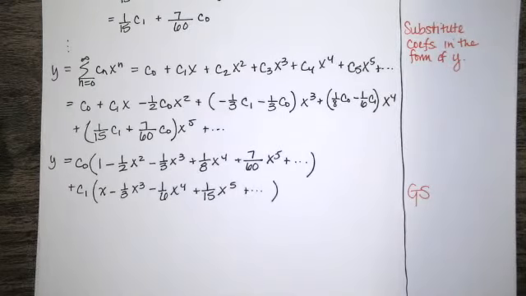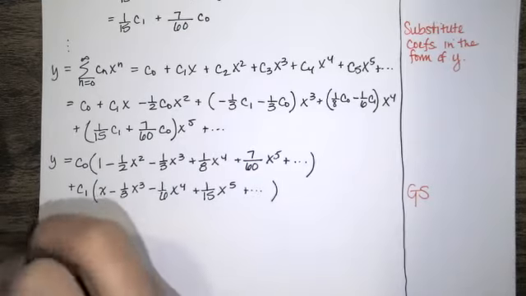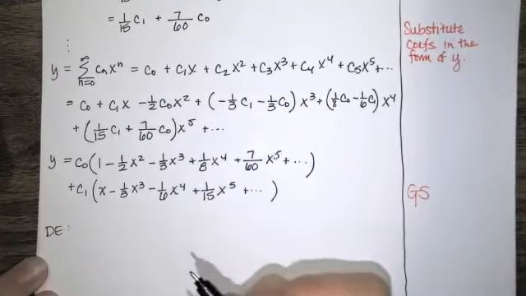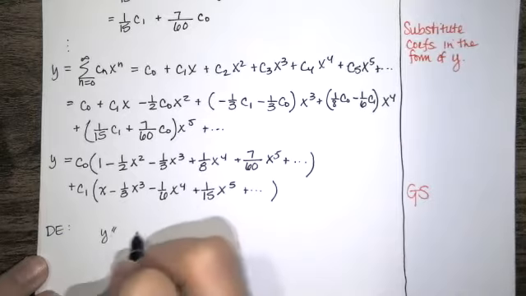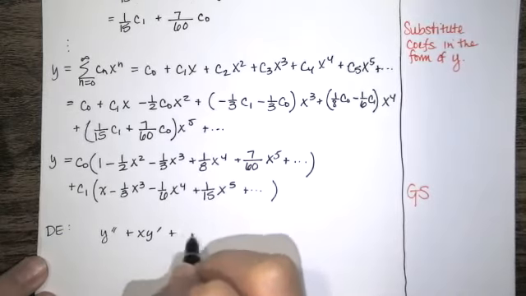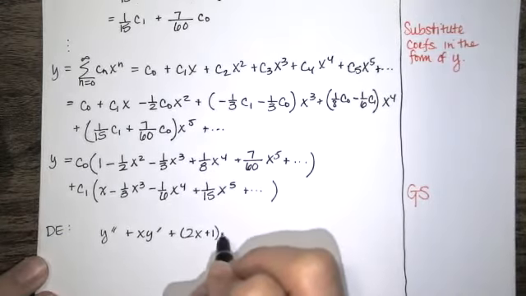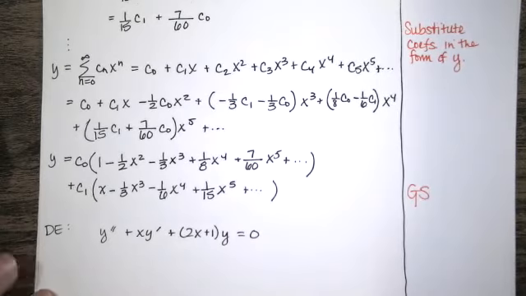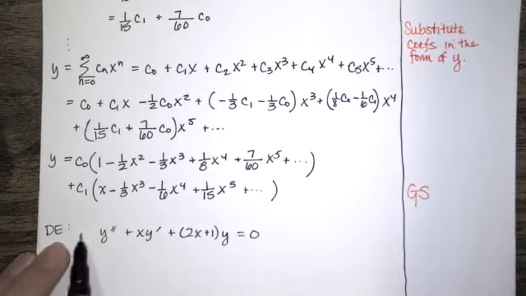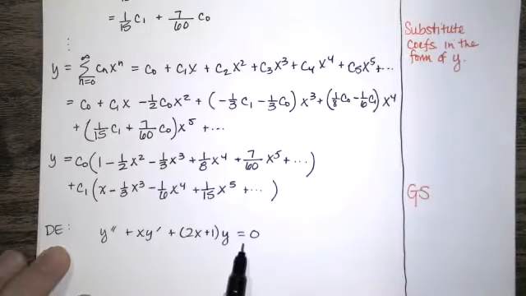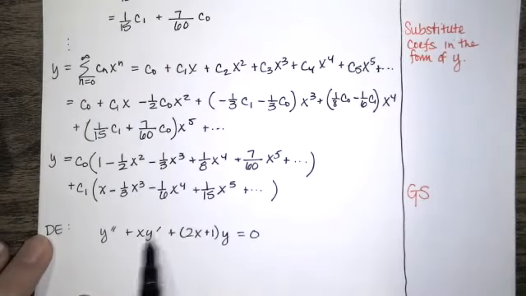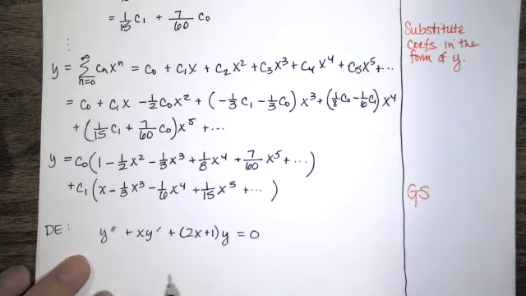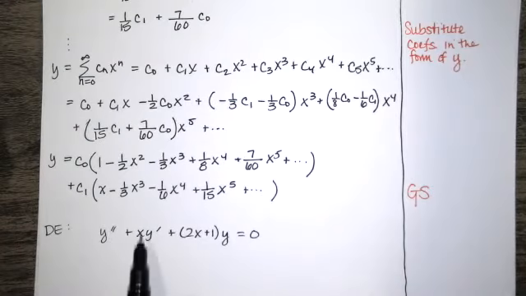And in order to determine the maximal interval of existence, we can look at the original differential equation, and that was this in this case. Typically what we would do is, if there were a coefficient of y double prime here, we would divide by it, and then we would look at the coefficients of y prime and y and see where the power series centered at x equals 0 for each of those expressions would be well defined.